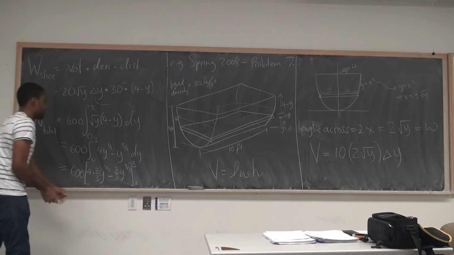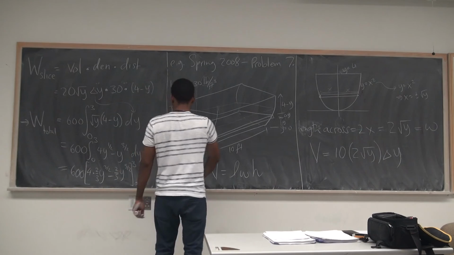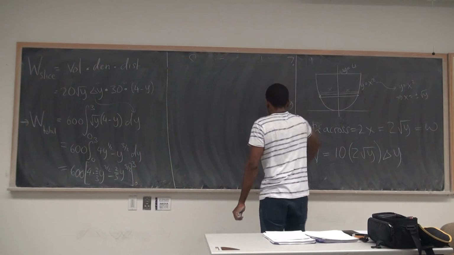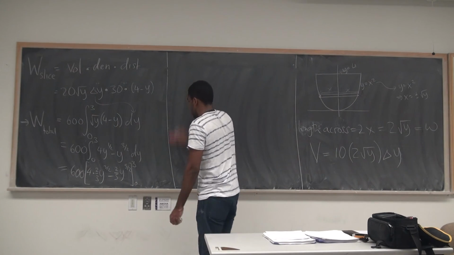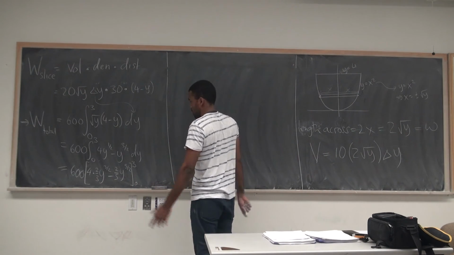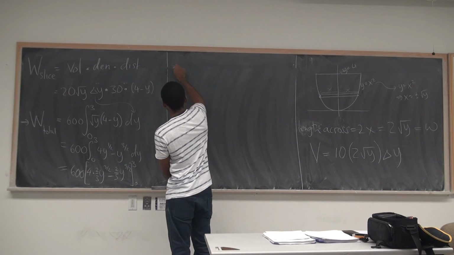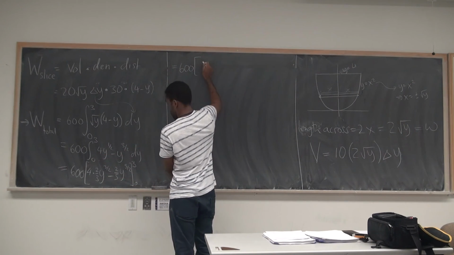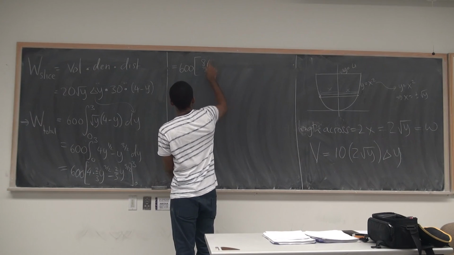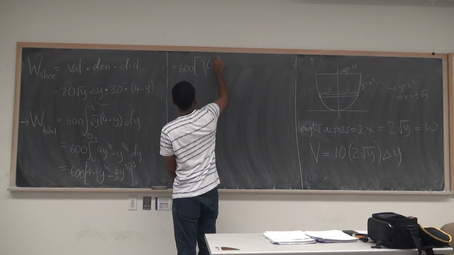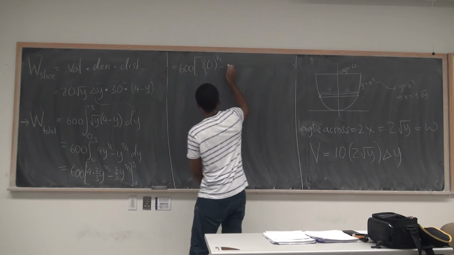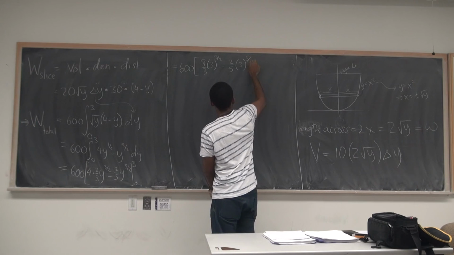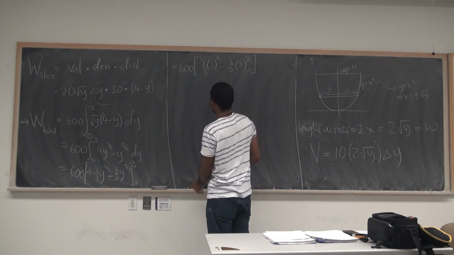Evaluated from 0 to 3. And so now we have 600 times 8/3 times 3 to the 3/2 minus 2/5 times 3 to the 5/2, minus 0.